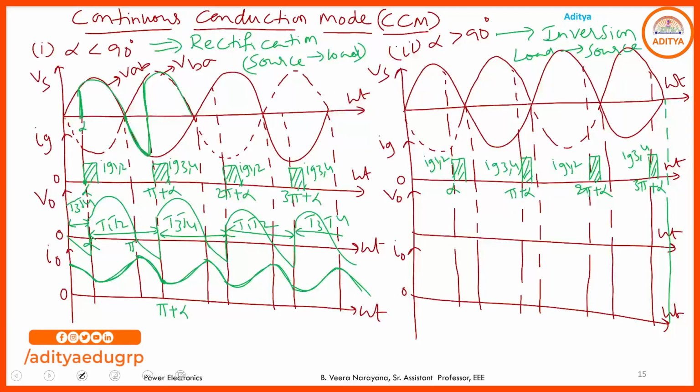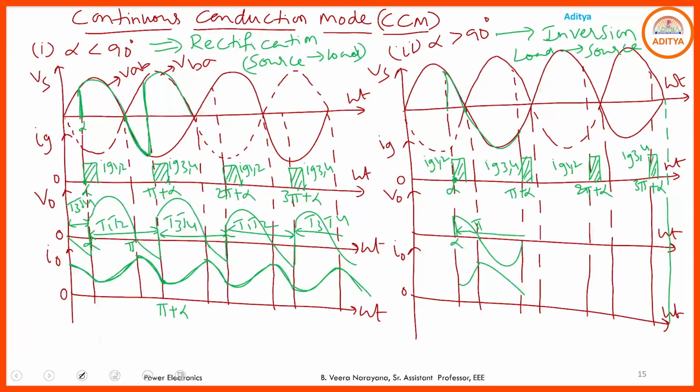And if you go through alpha greater than 90 degrees, similarly here also, at this instant, we provide the gate pulse to T1, T2. So this small portion of the positive half cycle is available across the load from alpha to pi, and energy is stored in the inductor, it charges. See here, from pi to pi plus alpha, the energy stored in the inductor discharges. Hence this negative portion of the source is available across the load.